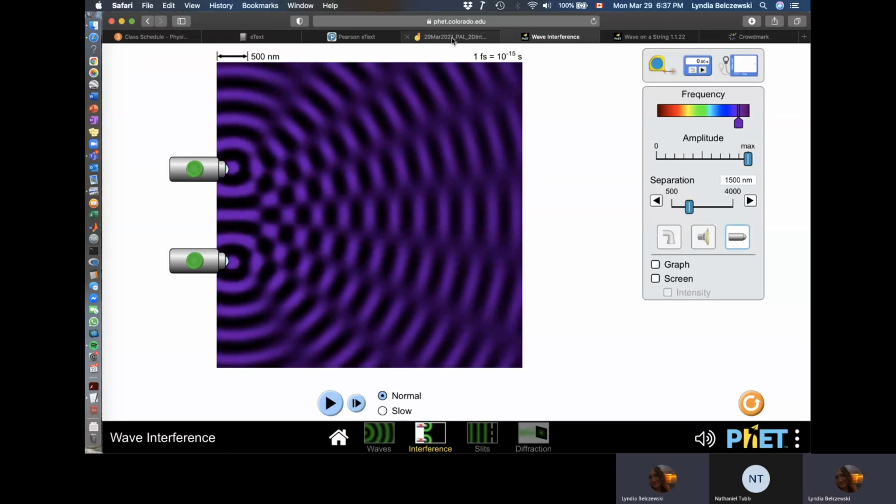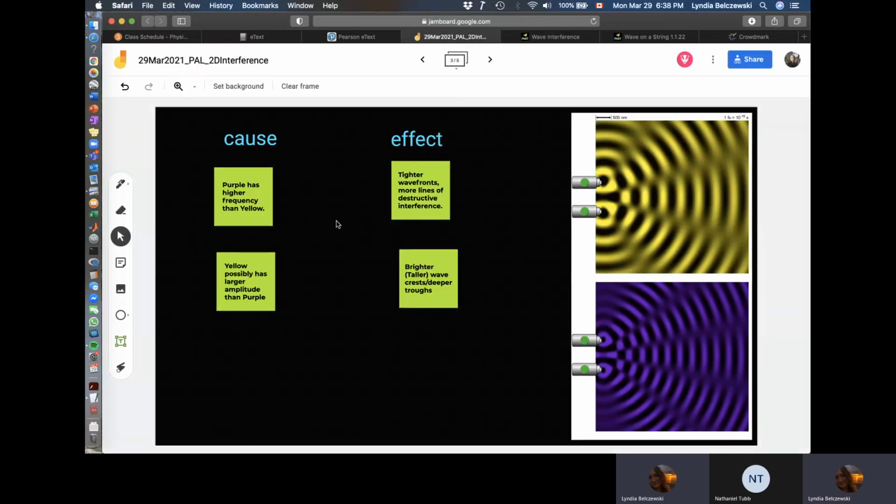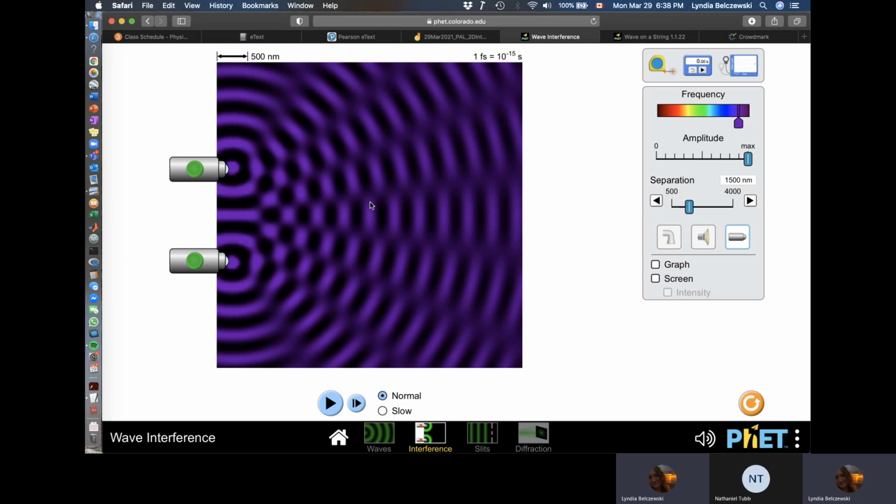And so absolutely, as you said, changing the frequency and the color of the laser is the change that I made, and the effect it had on the interference pattern was that it made the wavefronts tighter. By tighter wavefronts, I assume you mean the distance between two bright spots or between two dark spots is smaller.